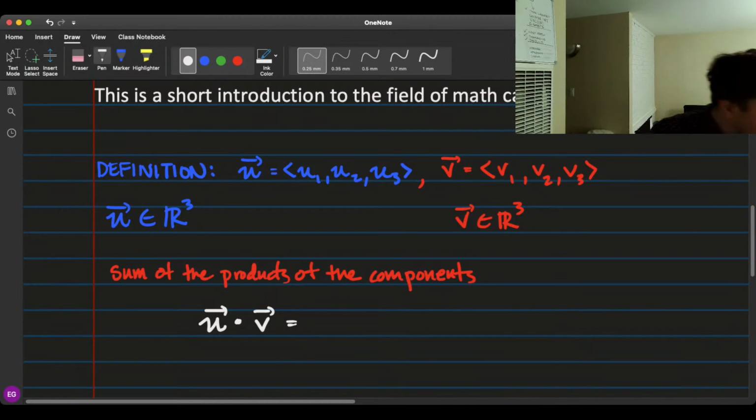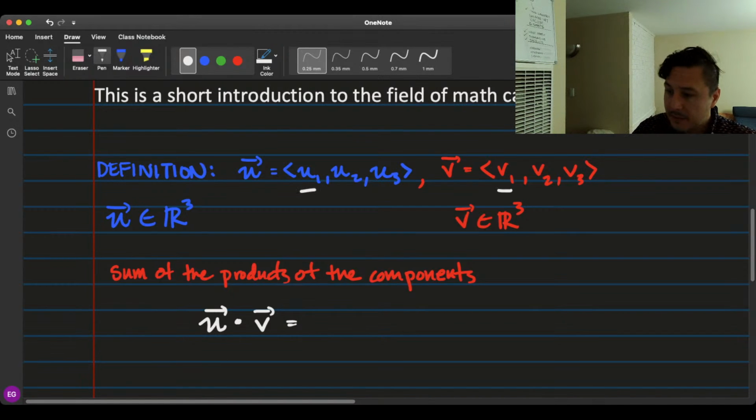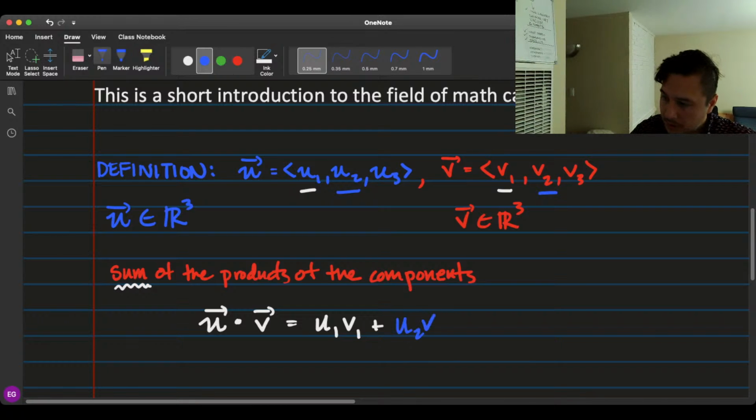So what you do is you take the components, u1, v1, you multiply them together. That's the product of a component, and then you add. So then you go to the next components, u2, v2, multiply them together, and then you add. And then you go to the next products, u3, v3, multiply them together, add it all together.